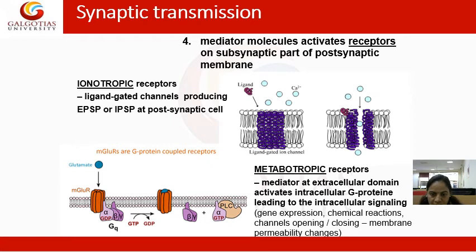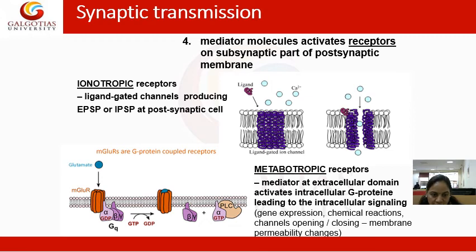So this activity can be seen here. The mediator at the extracellular domain activates the intracellular G protein, leading to intracellular signaling. So gene expression, chemical reaction, channel opening, closing of the membrane, and permeability changes are going to be the activities performed by these. This is metabotropic receptors. Under metabotropic receptors, the mediator at the external domain activates the intracellular proteins, leading to intracellular activities.